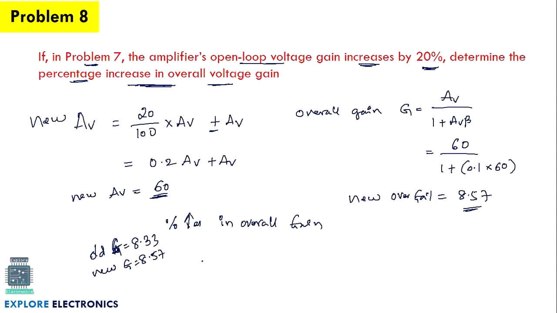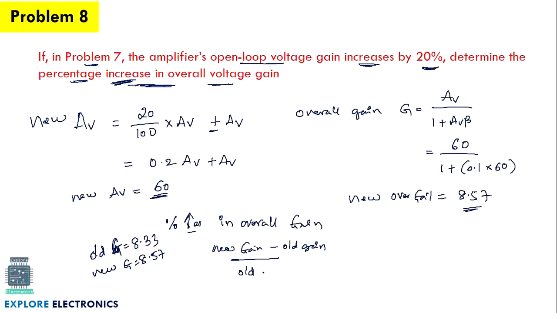To calculate the percentage change in overall gain, we need to take the new gain minus the old gain, with respect to the old gain, since we need the percentage increase, not only the change.